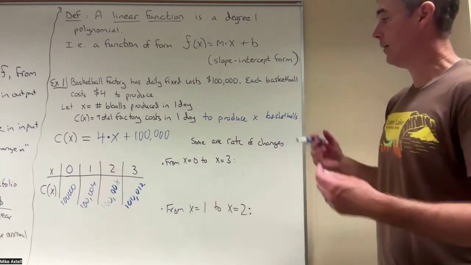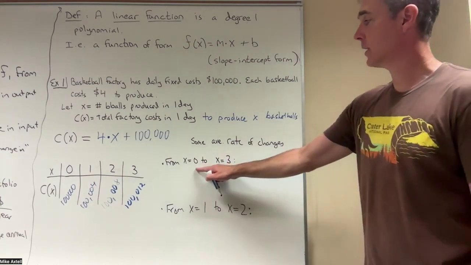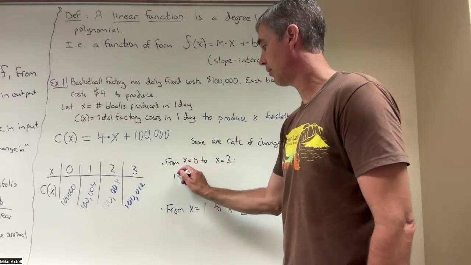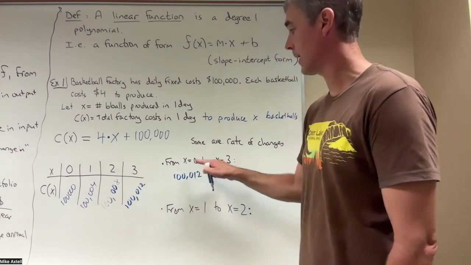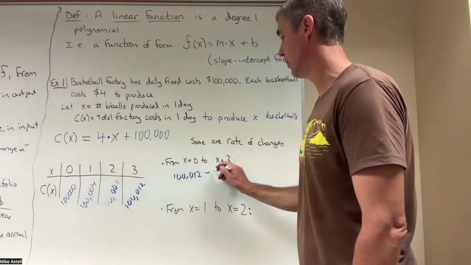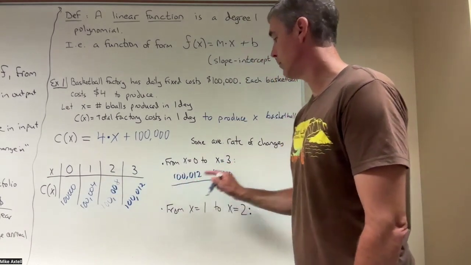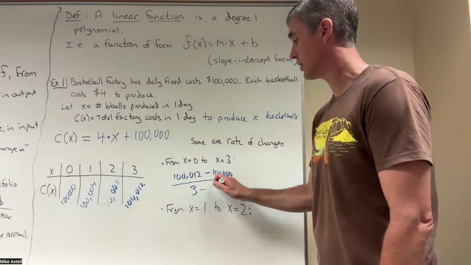All right, and now let me just calculate a couple of the average rates of change. So from x equals 0 to x equals 3, take my output at 3, 100,012, subtract my output at 0, that was 100,000, and then divide by the x minus the x, so the 3 minus the 0.